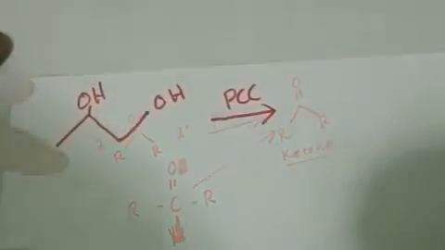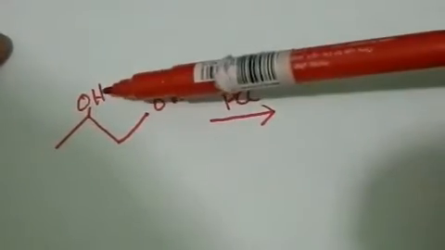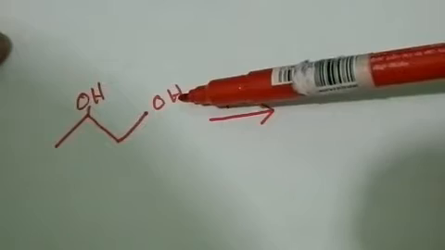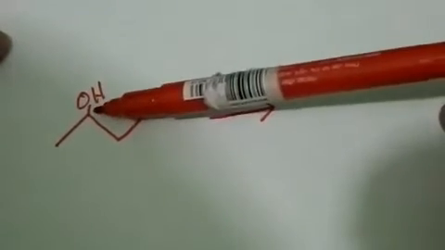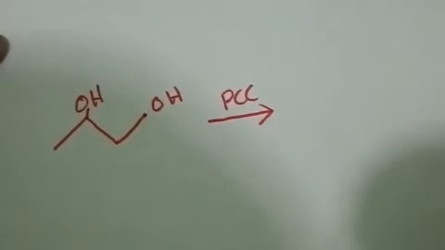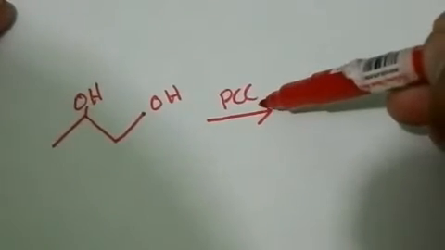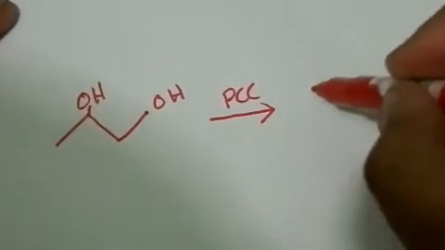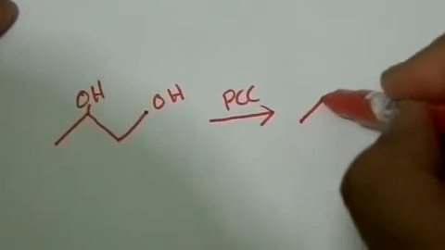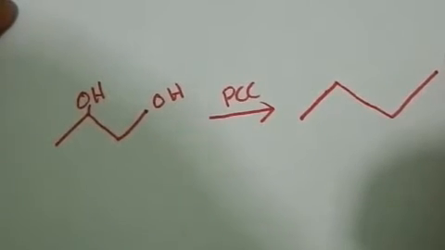Okay, let's try an example. We have this structure here. We have an alcohol here and another alcohol here. This is primary, and this is a secondary alcohol. And when we react it with PCC, what do we get? Okay, let's try.